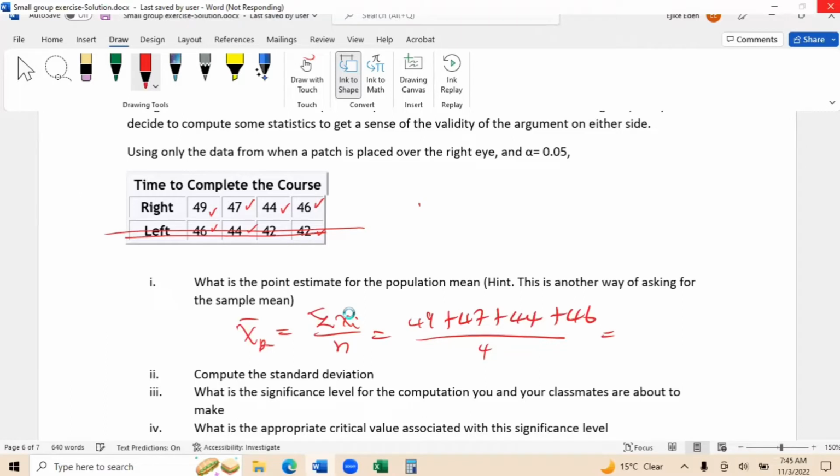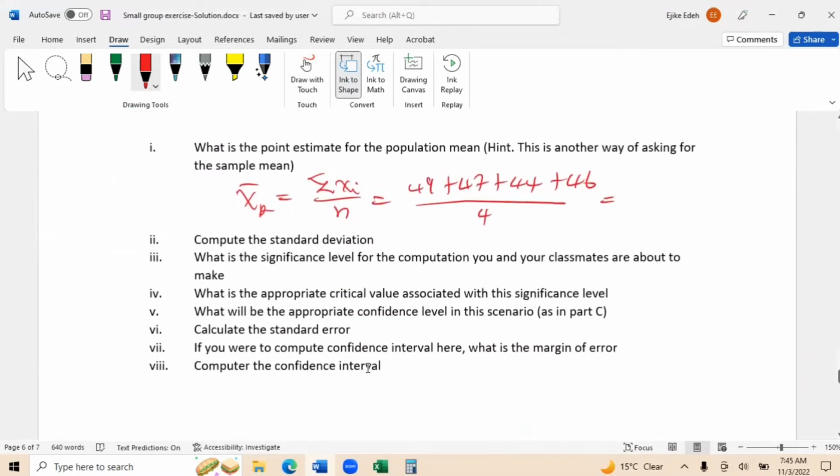You've already done this somewhere, so just go up there and pick it up. But I'm just going to complete this one since we started it. This is 49 plus 47 plus 44 plus 46, which is 186. So 186 divided by 4. Remember, we have this value, 46.5.